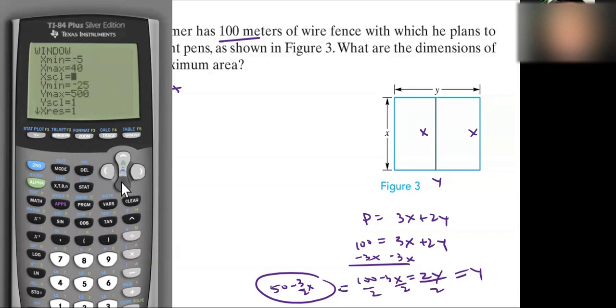Let's make that lower, so let's say -100. Let's see if that helps us a little bit more. Okay, here we go. All right, so it gives me a little bit more wiggle room when I try to find that 0 over that x-intercept. So I'm gonna hit second trace again, go number 2, press enter.